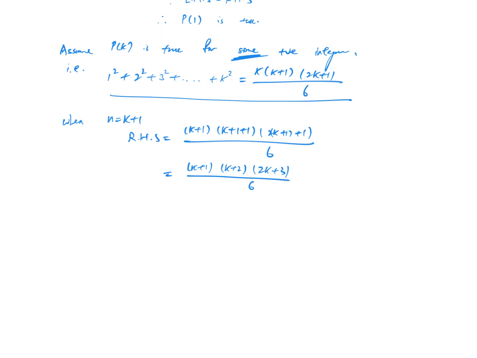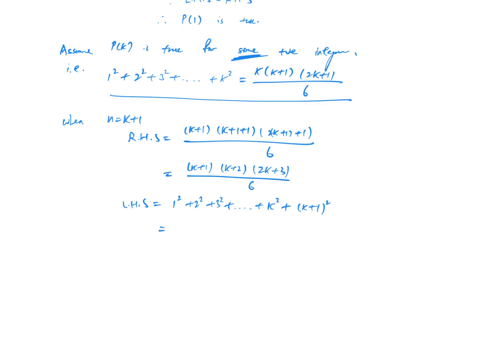This is what we want to prove. How about the left-hand side? When n is equal to k plus 1, the left-hand side is 1 squared plus 2 squared plus 3 squared plus up to k squared and then k plus 1 all squared. Remember, don't expand it.